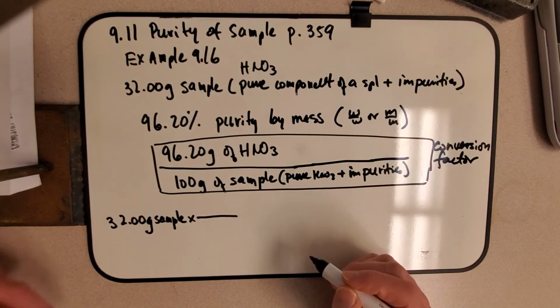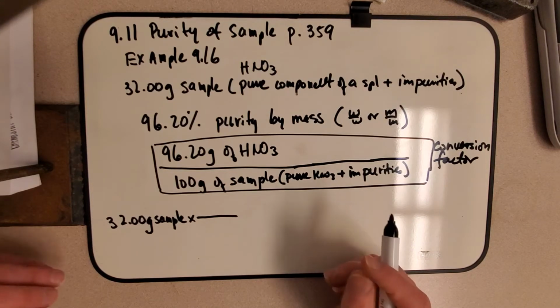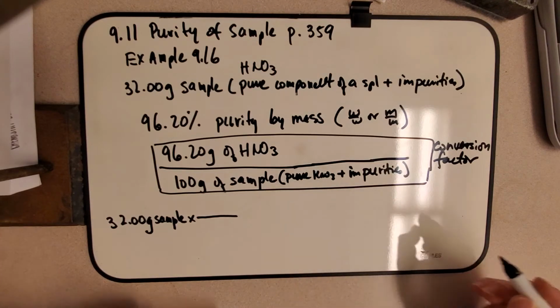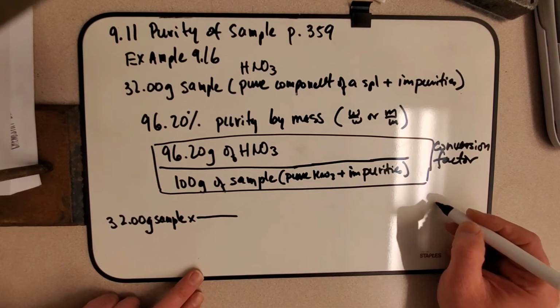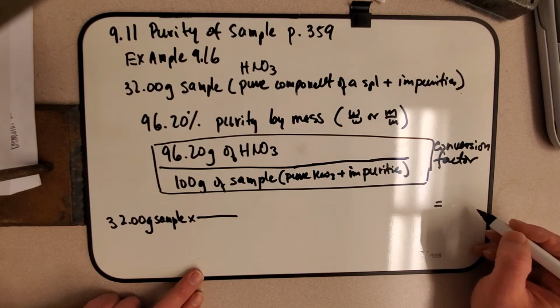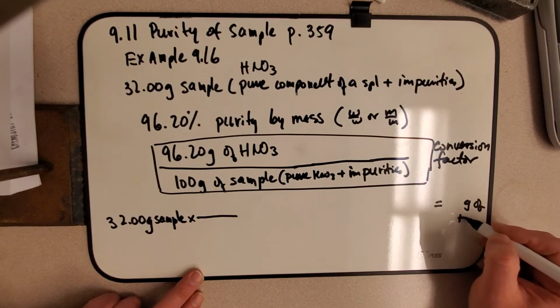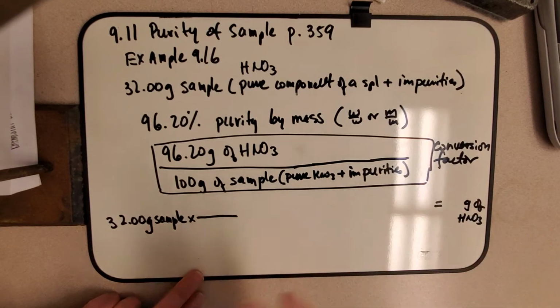It says in the question, calculate the following for this sample of nitric acid. The first one says the mass in grams of HNO3 present. Great. So remember, guys, I'm going to state the units that I want in the end: grams of HNO3 in this particular sample.